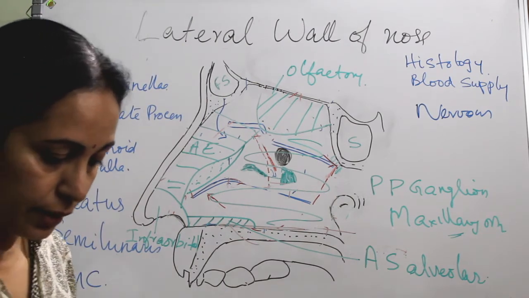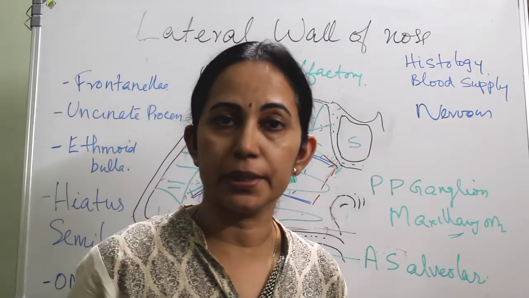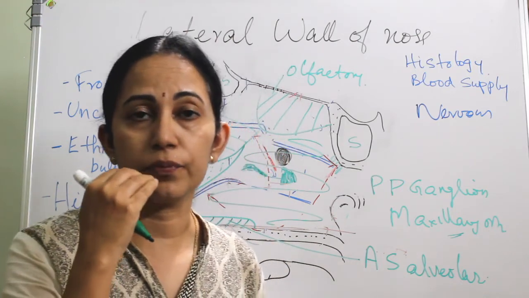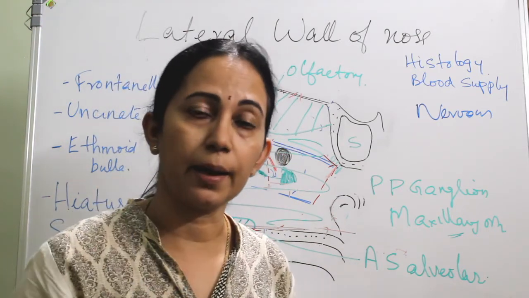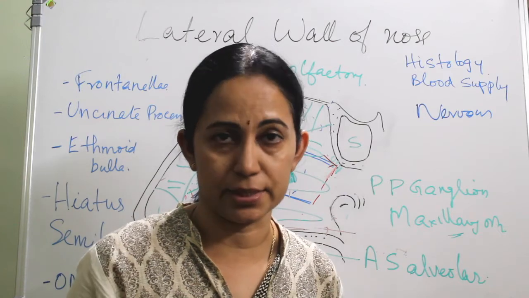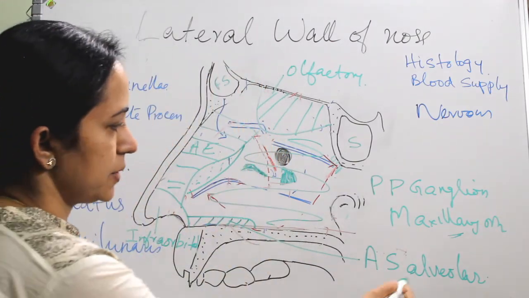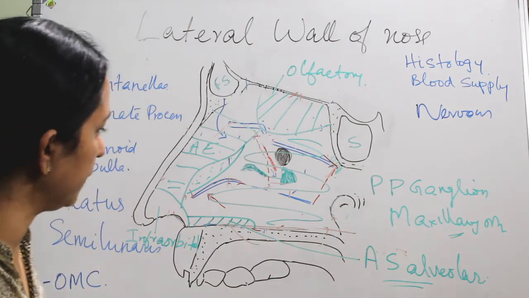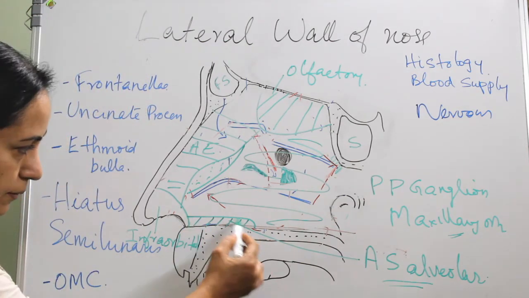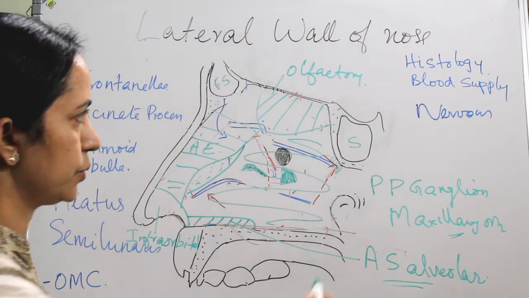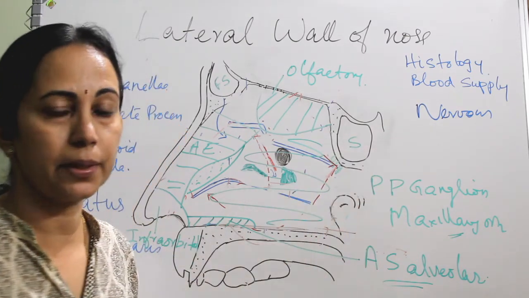That is why if you do a very large inferior meatal antrostomy, the patient may complain of pain in the upper teeth, altered sensation, or dental pain. That is because of the anterior superior alveolar nerve supply on the lower part towards the floor of the lateral wall. So this is regarding the nerve supply.